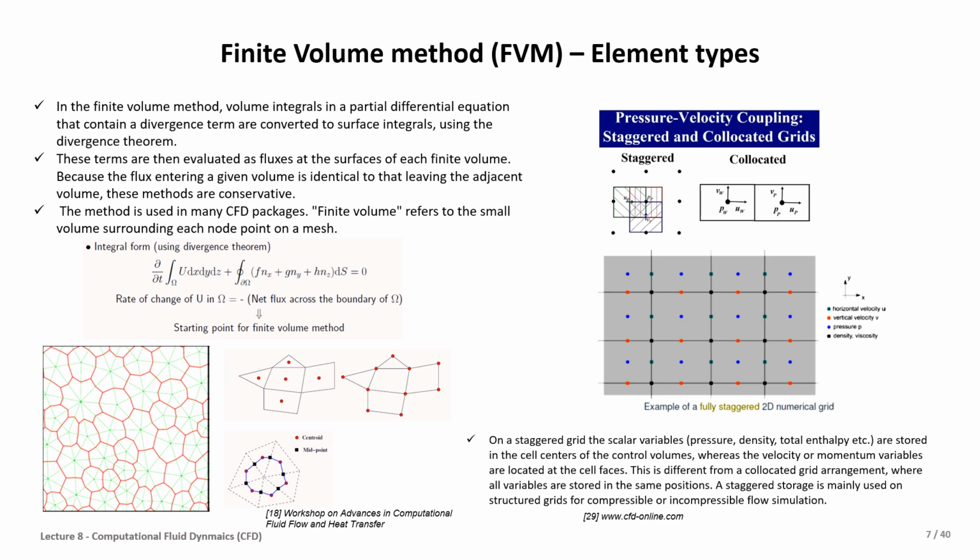As you can see, the domain of the problem is discretized into small elements, and in the finite volume method, the grid point where the problem is solved is the center of each element or mesh. Then we use the solution for each mesh center and collect the solution for the whole domain.